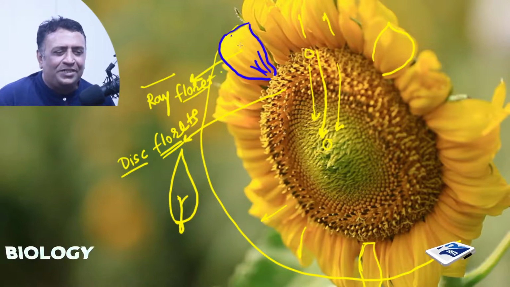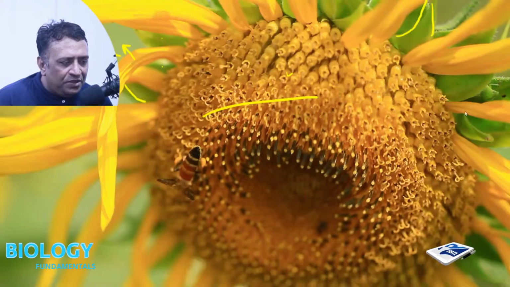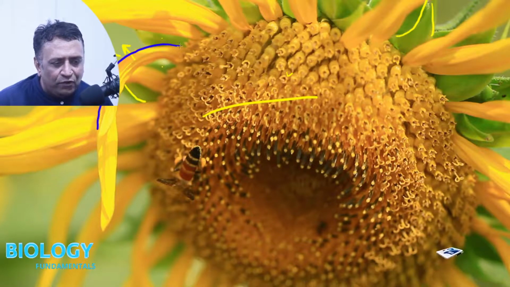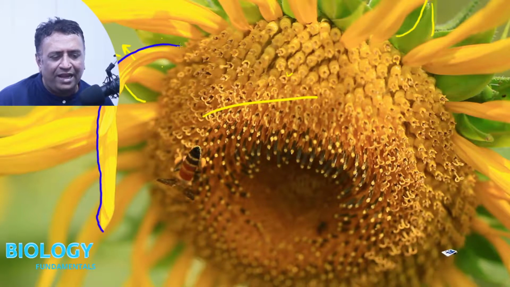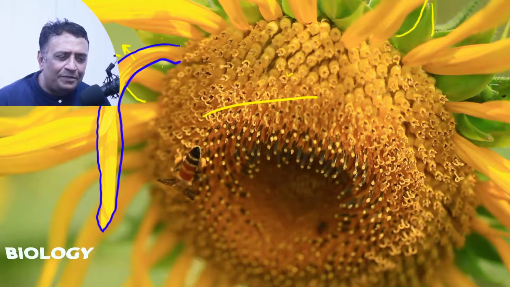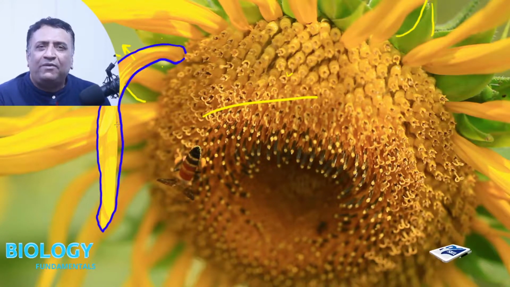These ray florets, if you compare with this one, then you can note that this flower is having somewhat thinner ray florets. And this is a type of sunflower, Helianthus.